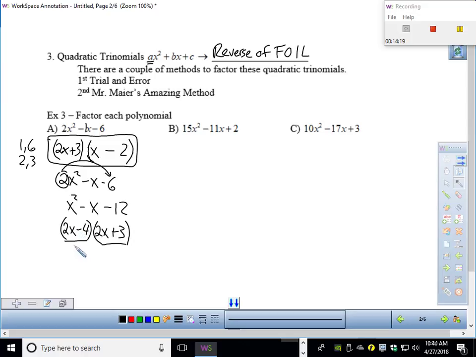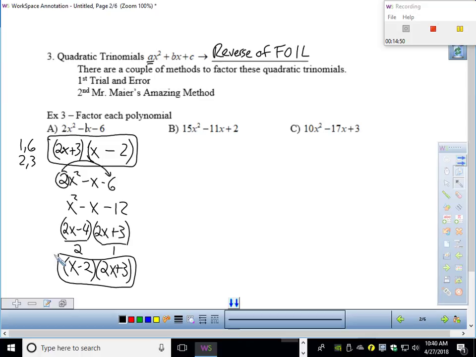For example, 2 goes into both 2 and 4. And so when I divide each of these by 2, I hope you see, guys, I get x minus 2. Now, really only 1 goes into 2 and 3. Not that I necessarily need to do that, but nothing goes into 2 and 3 other than 1, so there we go. And do you notice? Same thing. And that's how it works.